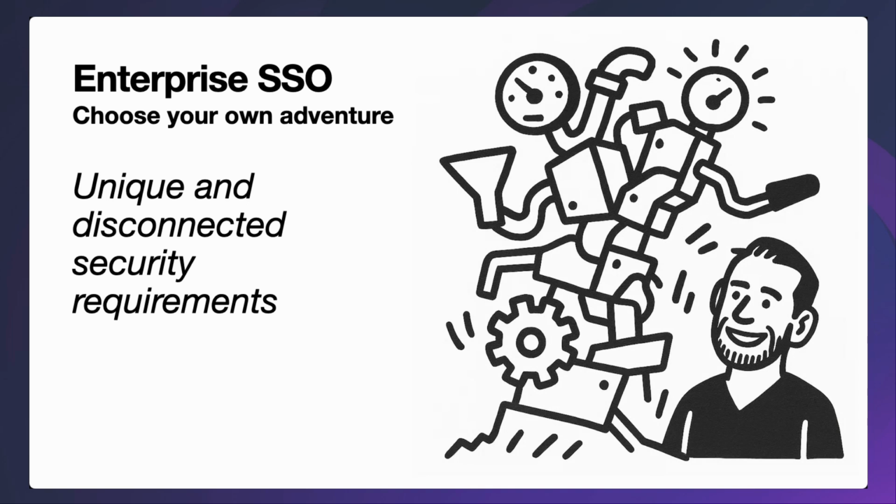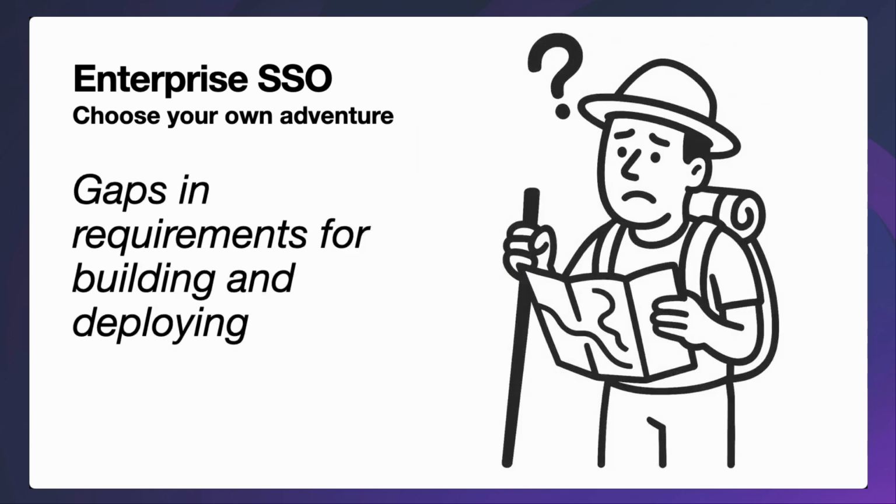Here's what you need to do if you want your application to connect to our enterprise. And each of these enterprises is fairly unique, and some of the security requirements are disconnected from each other, right? So you end up with something that's pretty funky looking for each enterprise at the end of the day.